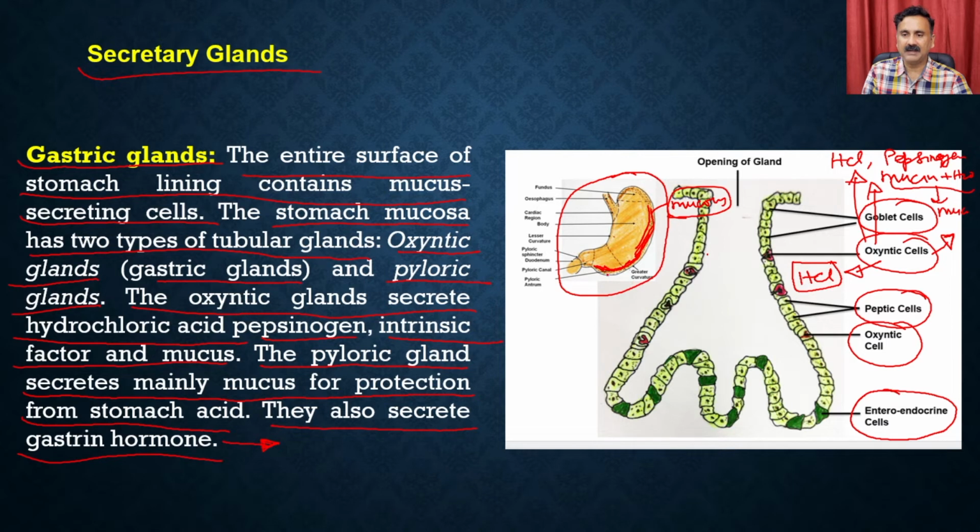Sometimes what happens is that when there is damage to these mucus structures, the acid is able to affect the epithelial lining, and that is responsible for a disease called the ulcer.